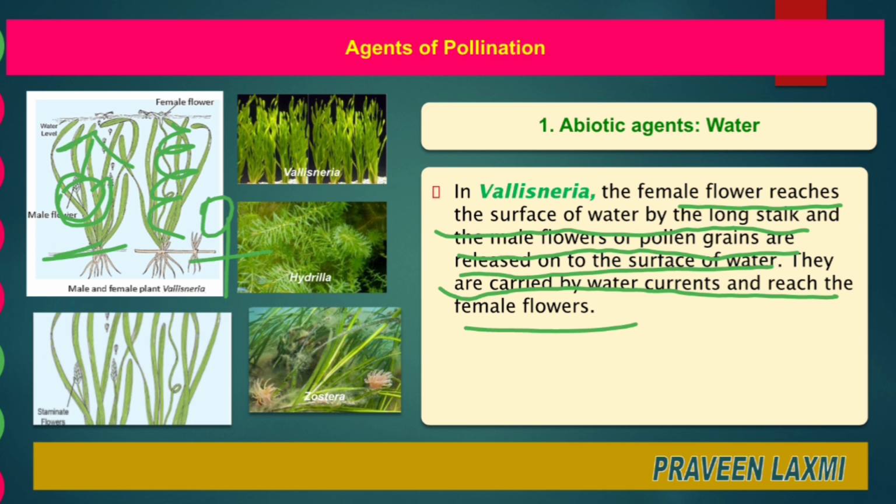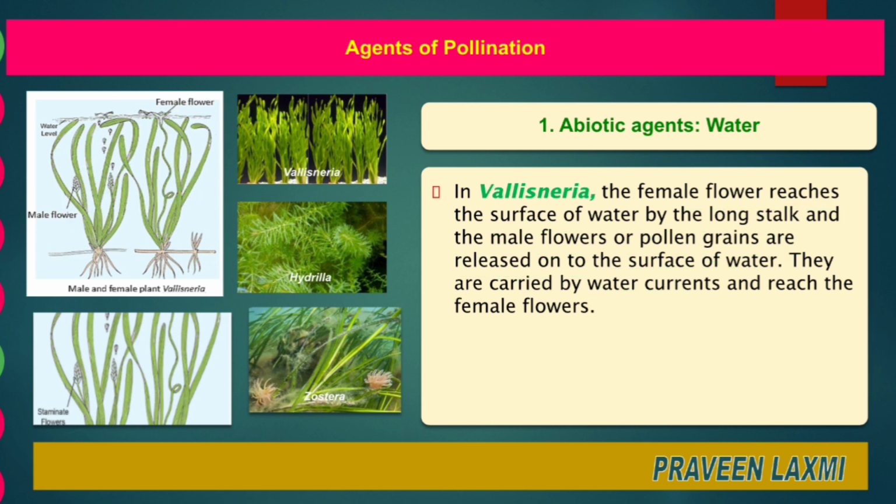The male flower releases the pollen grains, and these pollen grains reach the surface of the water. The female flower's stalk also reaches the surface of the water, and through the water current, the pollen grains reach the female flower. Am I clear, students? This is how fertilization takes place in Vallisneria.